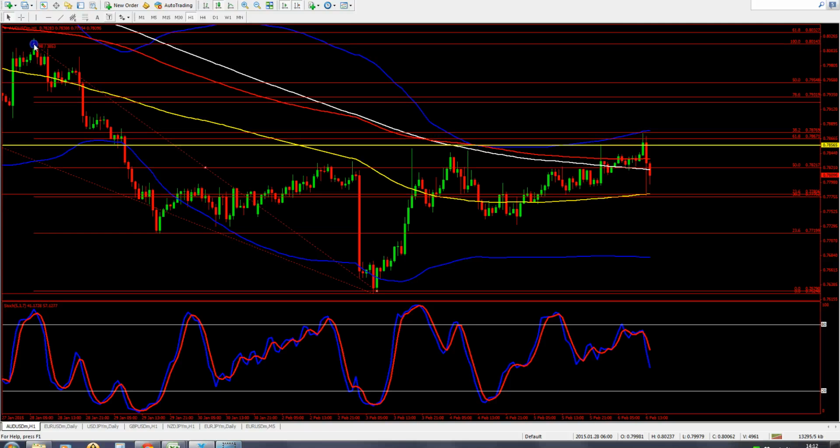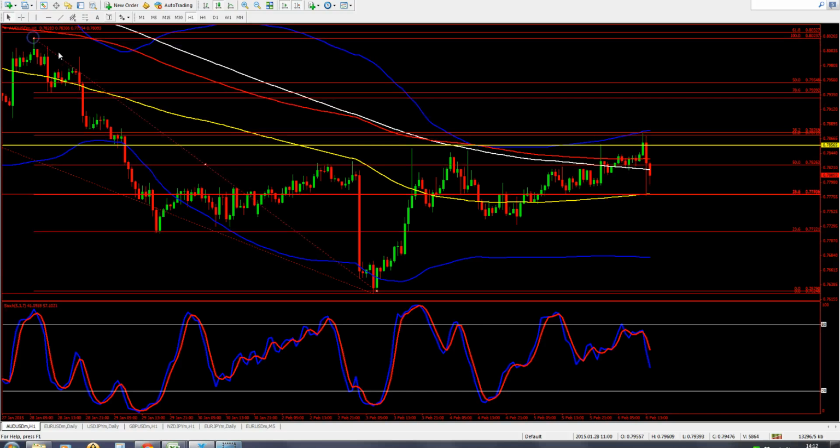You can see that number there. So we had a nice confluence of the Bollinger Band, two Fibonacci's, and the price also made a false break through the resistance level here.